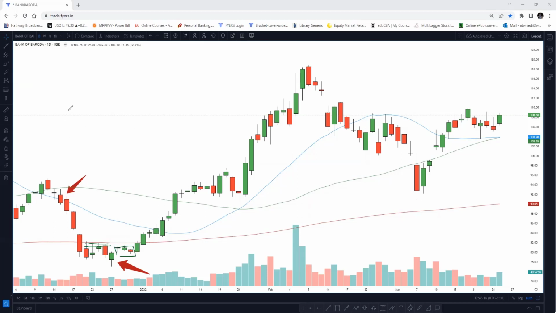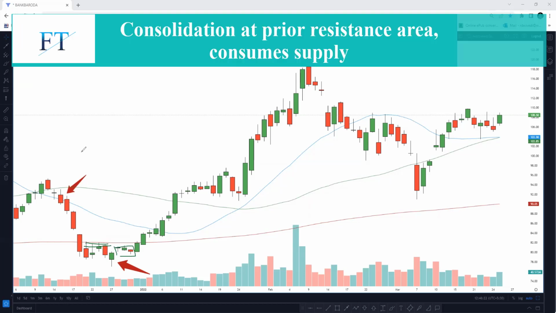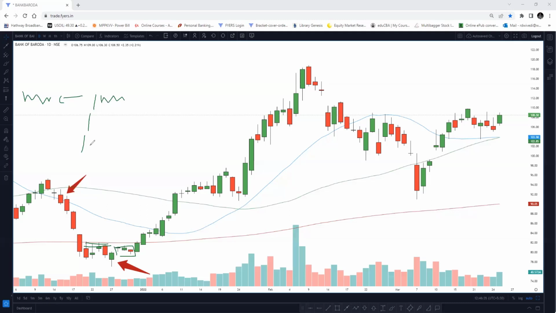Now, remember, as I just mentioned about the wide range bar, there is another very important key concept: when you have a strong momentum and then you have a consolidation near the resistance area. So let's assume there is a previous resistance, prices turn and come back up to the same resistance area and start to consolidate here.